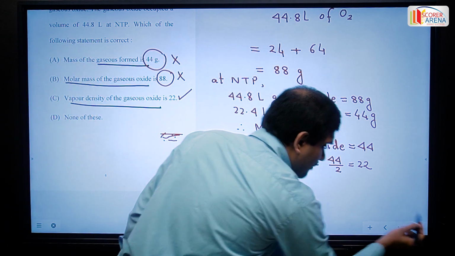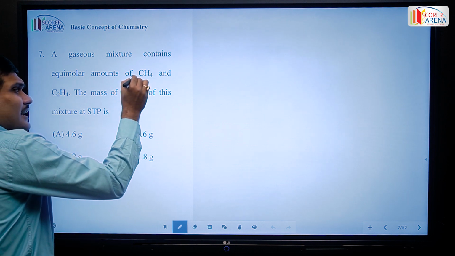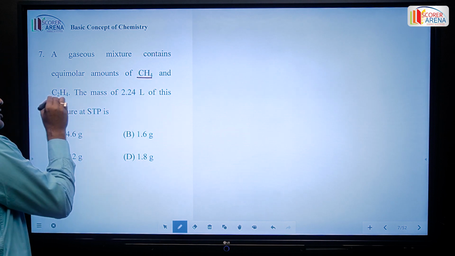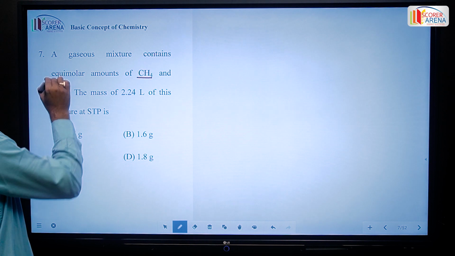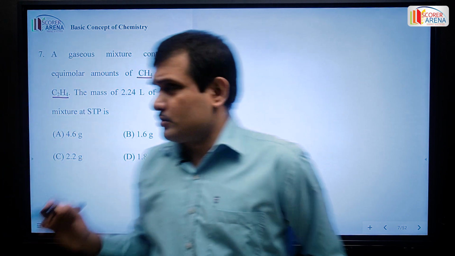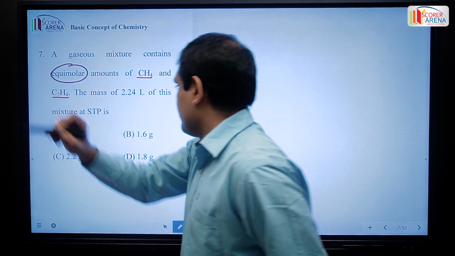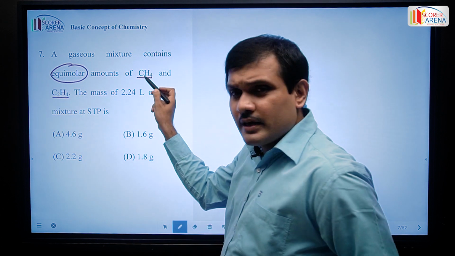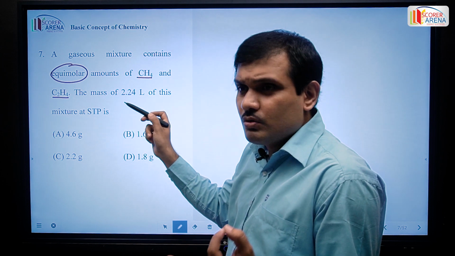Next I move to the next question. Here also a gas mixture is given, methane and ethylene, and the condition given is equimolar proportions. So if we take CH4 by x mole, so C2H4 is also present by x moles.